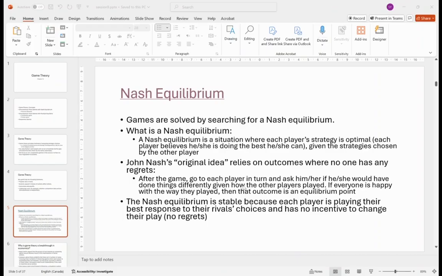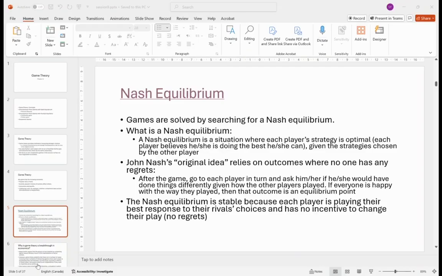So let me share my screen. This is just a small scene of this movie, and it's trying to describe how John Nash found that there is a contradiction between the previous concept of equilibrium and the new concept of game theory.